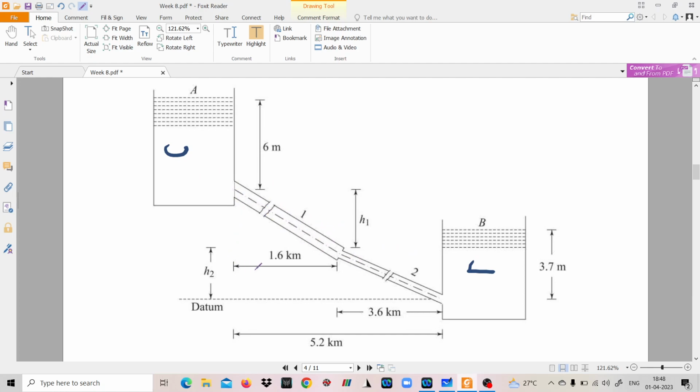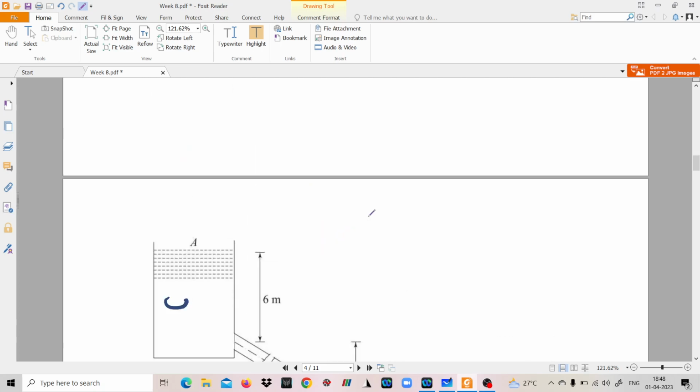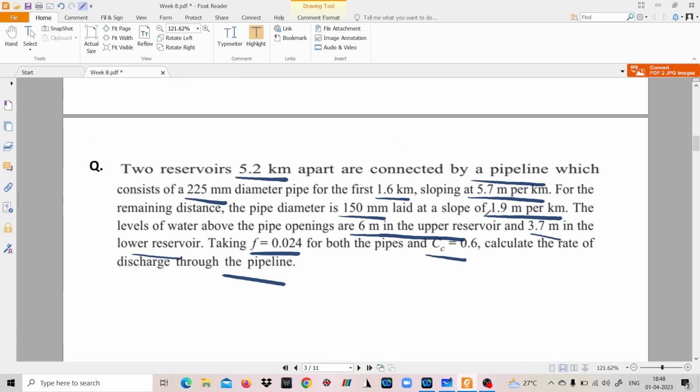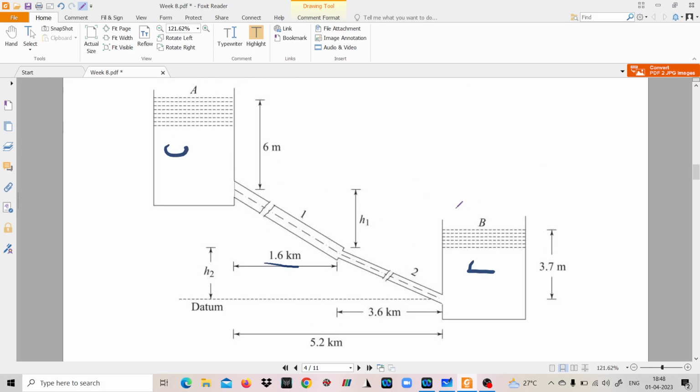For the first 1.6 kilometer, the diameter of the pipe is 225 mm and it is sloping at 5.7 meter per kilometer. So as it moves 1 kilometer, it moves down 5.7 meter.